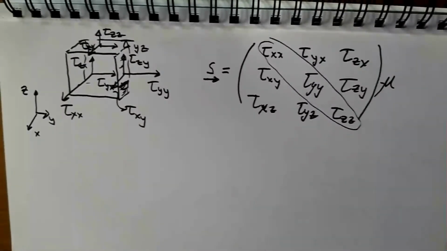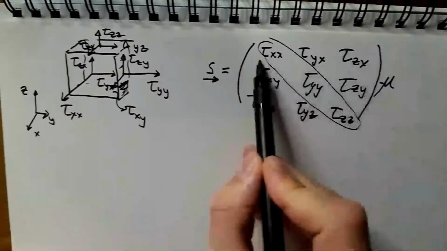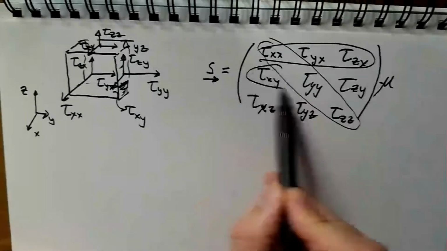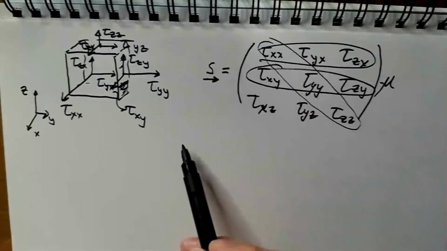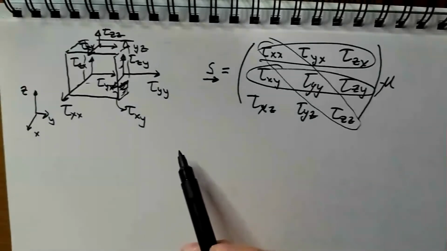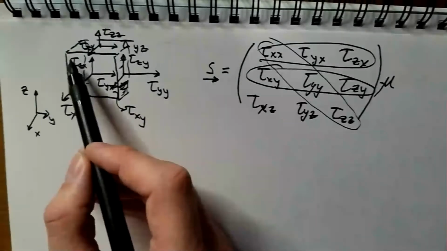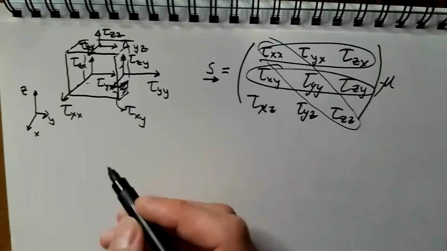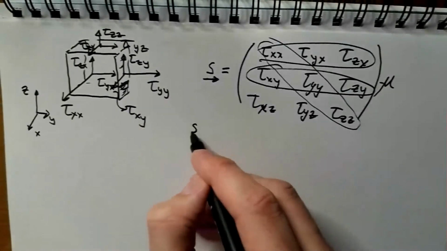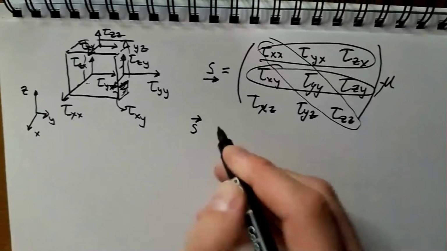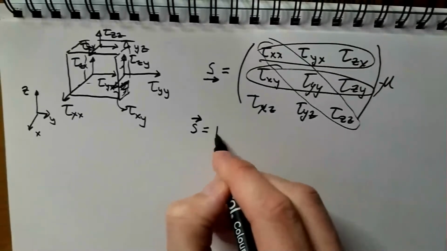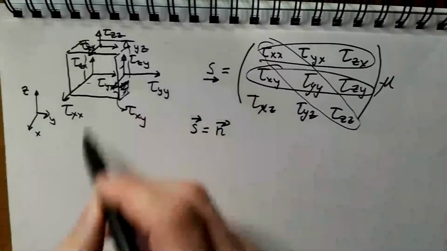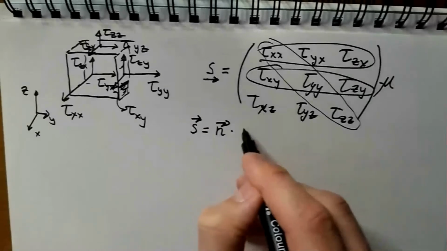Now, each of the rows represents force per area, or the total stress on each of these faces of this cube that I plotted here. We can quickly demonstrate that. To find the stress vector, I take the normal on one of these faces and I do a dot product with this stress tensor.